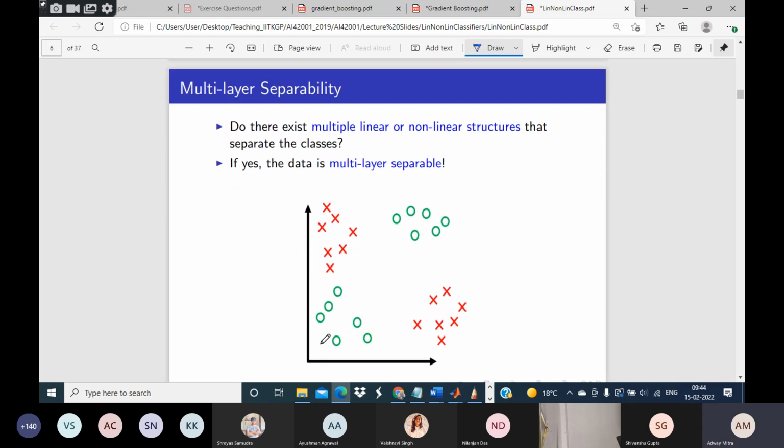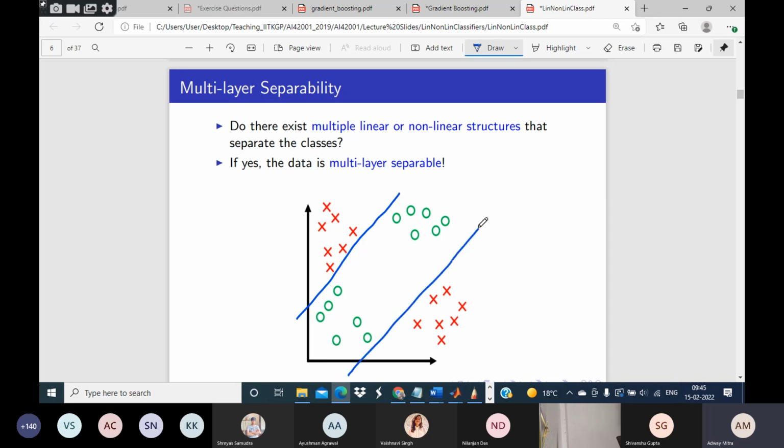And then finally, there is this kind of multi-layer separable data set. A single linear structure cannot separate out all the points. But if you consider a combination of linear structures, then it can. If you have a line like this, it's not that all the pluses are on one side and all the greens are on the other; there are pluses on both sides.